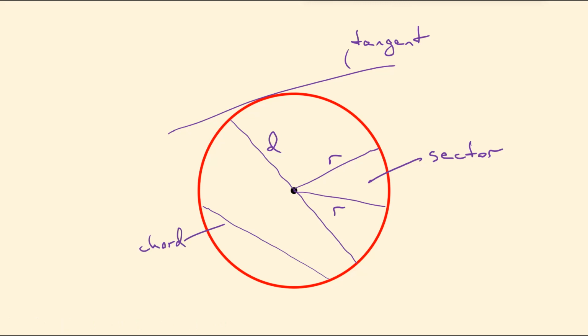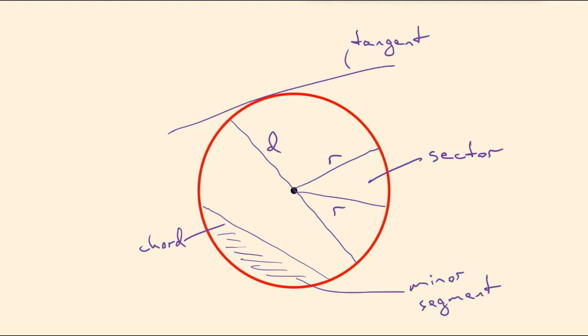So that's a chord, and when we have a chord, that gives us 2 parts. This small part here is the minor segment, and the larger part, all the rest of the circle, would be the major segment.